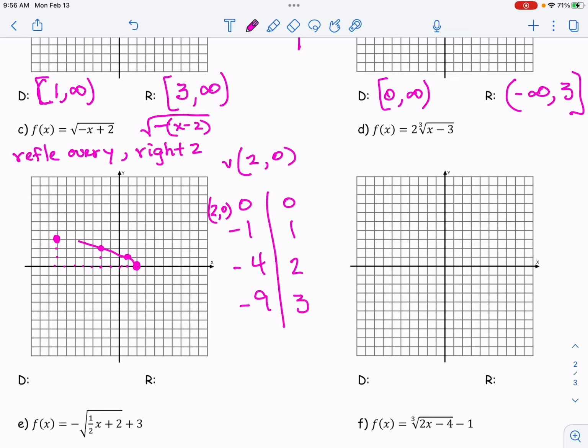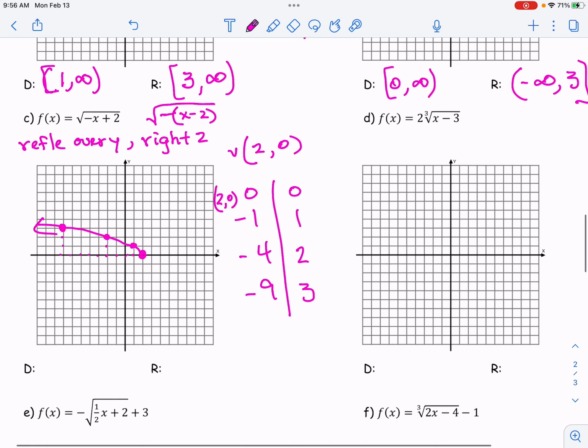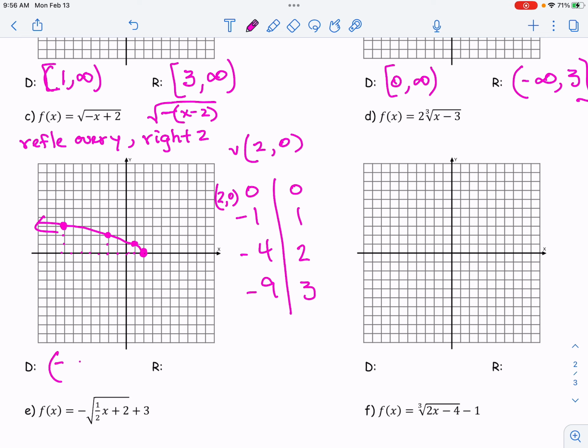Here's my graph. The domain is from negative infinity to 2. The range is from 0 to positive infinity.